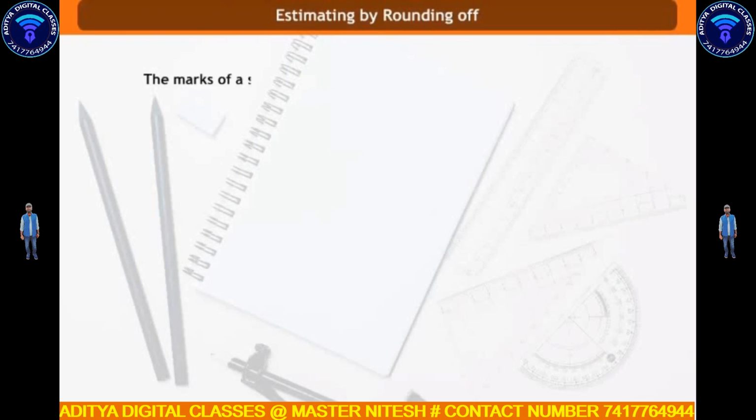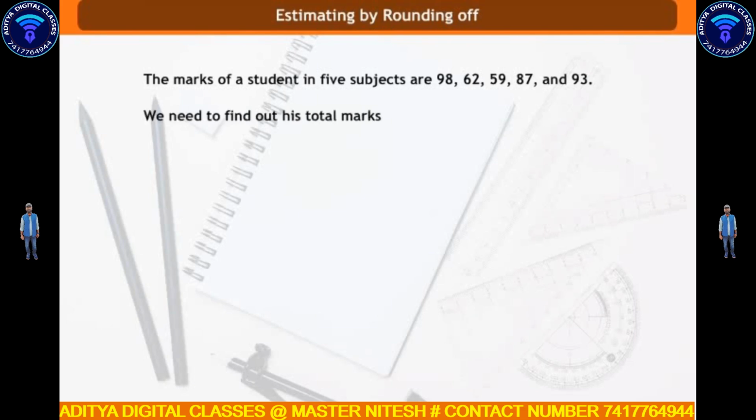Estimating by rounding off. The marks of a student in 5 subjects are 98, 62, 59, 87 and 93. We need to find out his total marks using estimation strategy.